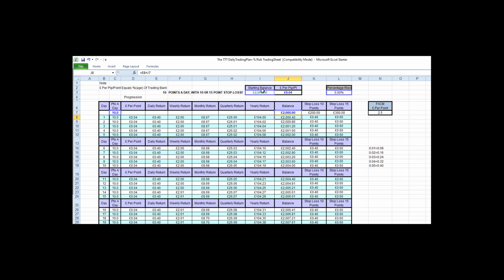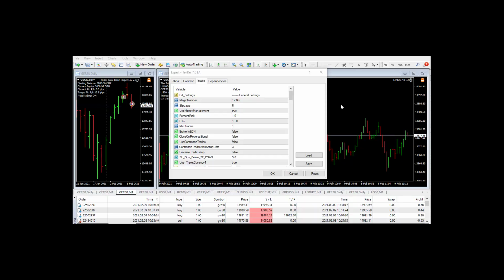Okay. So this will help you. This daily trading plan, the TTT as we called it back then, will help you figure out your calculations over here. So use the daily trading plan and this combined, because the daily trading plan has been set to work with this.